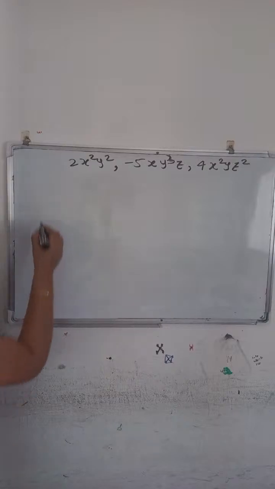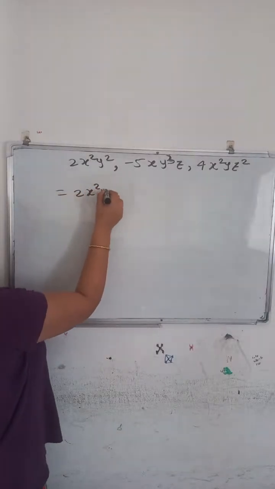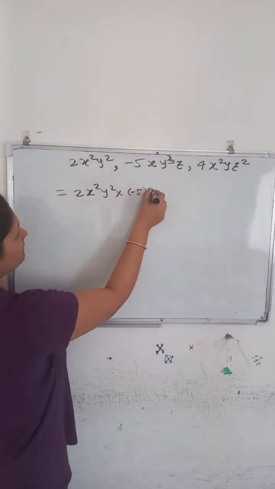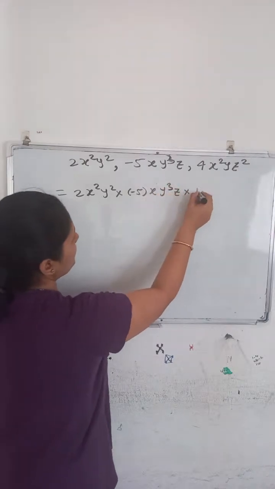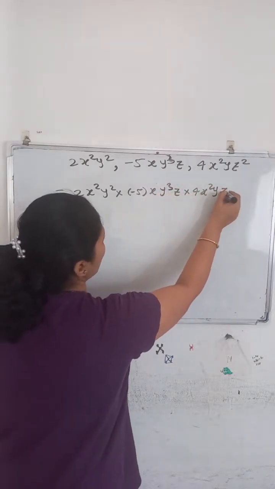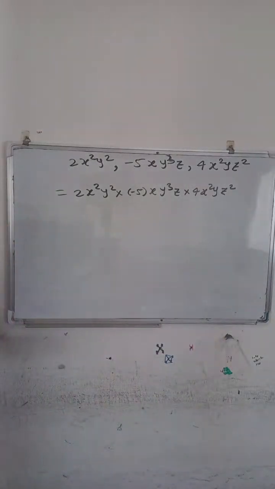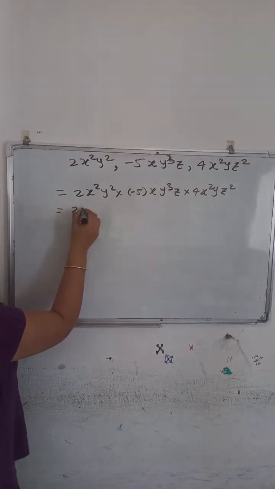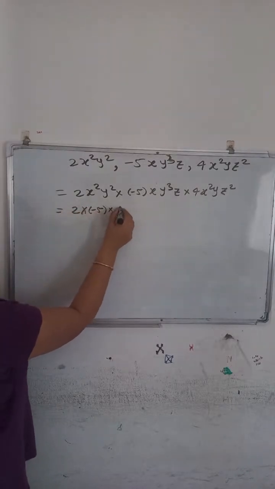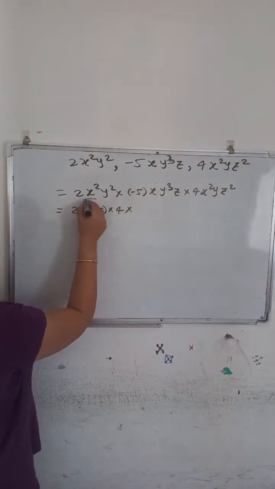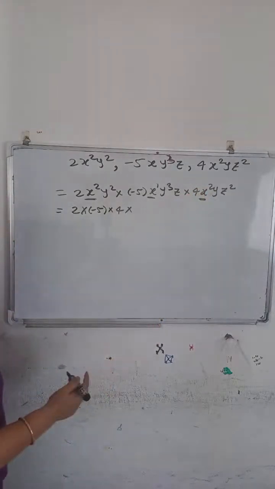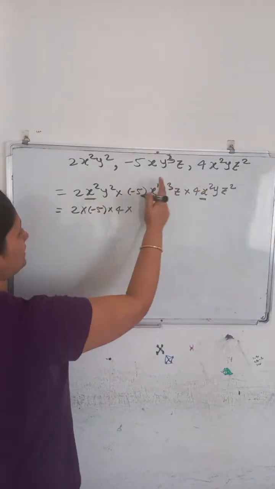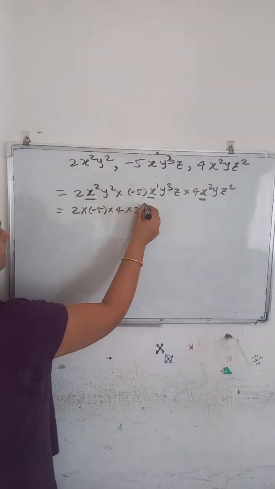Product is nothing but multiplication: 2x square y square into minus 5x y cube z into 4x square y z square. Then you can take all the numbers first. 2 into minus 5 into 4, now x power is 2, here x power is 1 and here x power is 2. So add all the powers. 2 plus 1, 3, 3 plus 2 is 5.